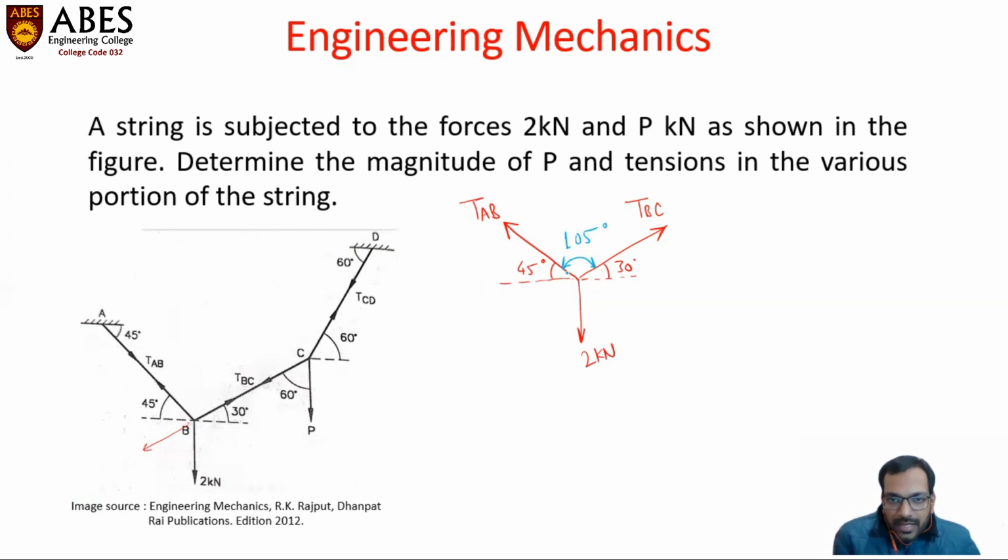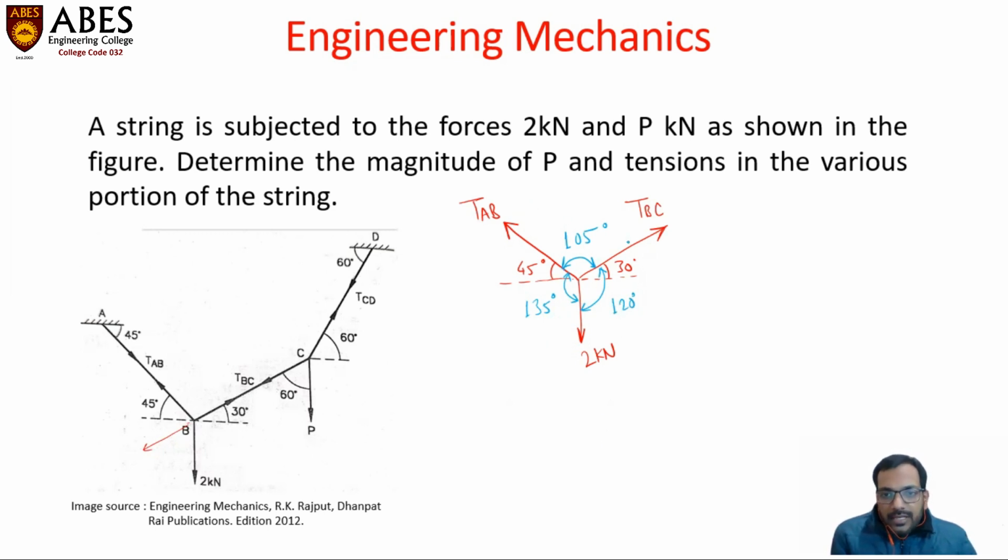Similarly, the angle between TAB and 2 kilonewton, this angle will be equal to 90 plus 45 degrees, which is equal to 135 degrees. And now the angle between TBC and 2 kilonewton, this angle will be equal to 90 plus 30 degrees, which is equal to 120 degrees.